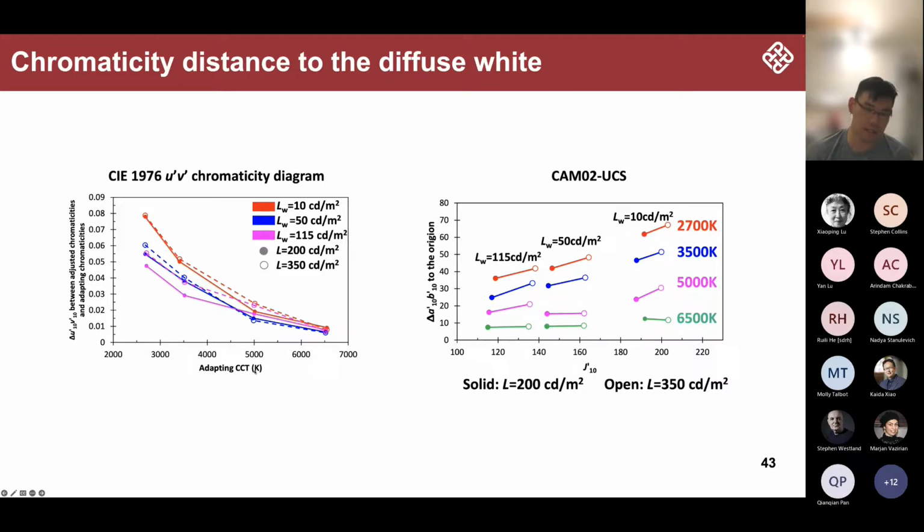When the adapting CCT was 6500K, the luminance of the condition and the luminance of the stimulus don't really matter. We can compress the colors along the lightness dimension. It's pretty good. But under 2700K, they really matter in terms of the luminance of the ambient condition and the luminance of the stimulus.